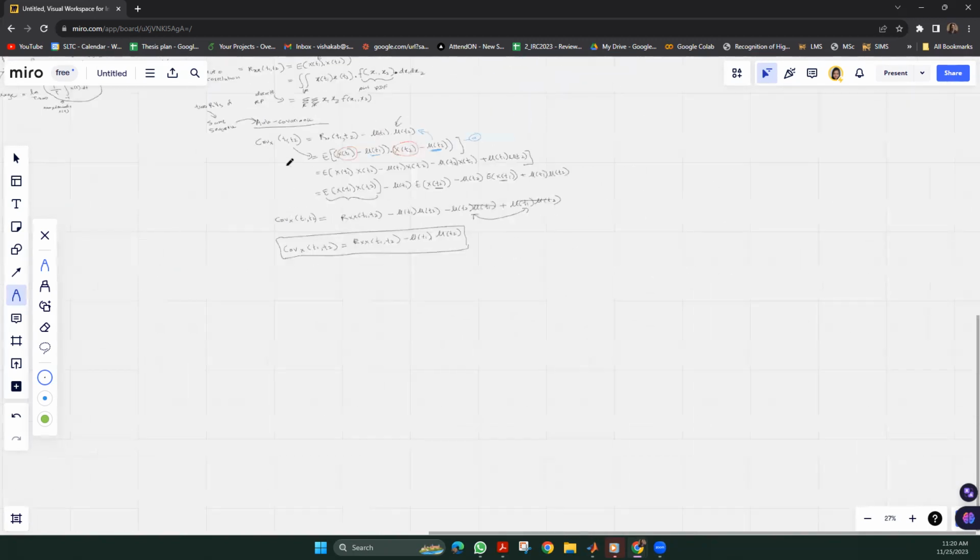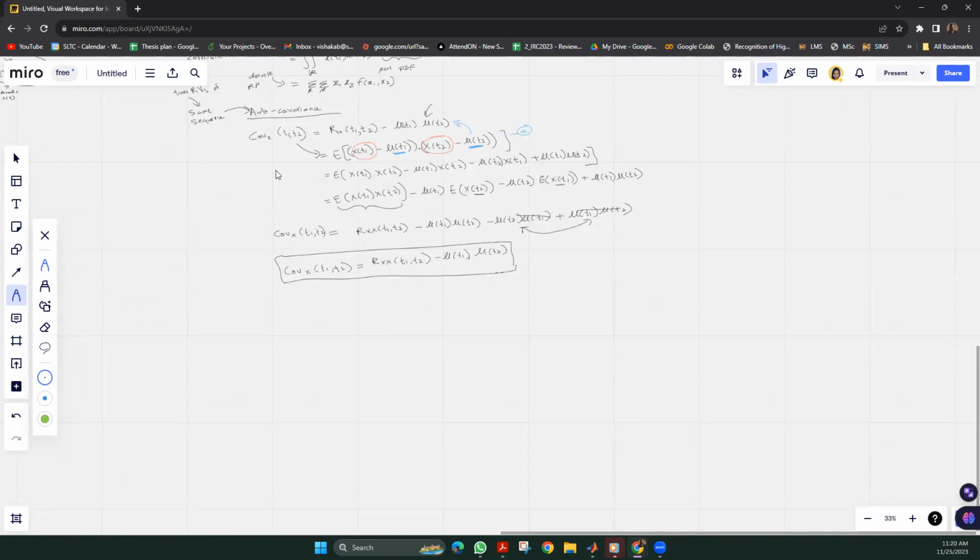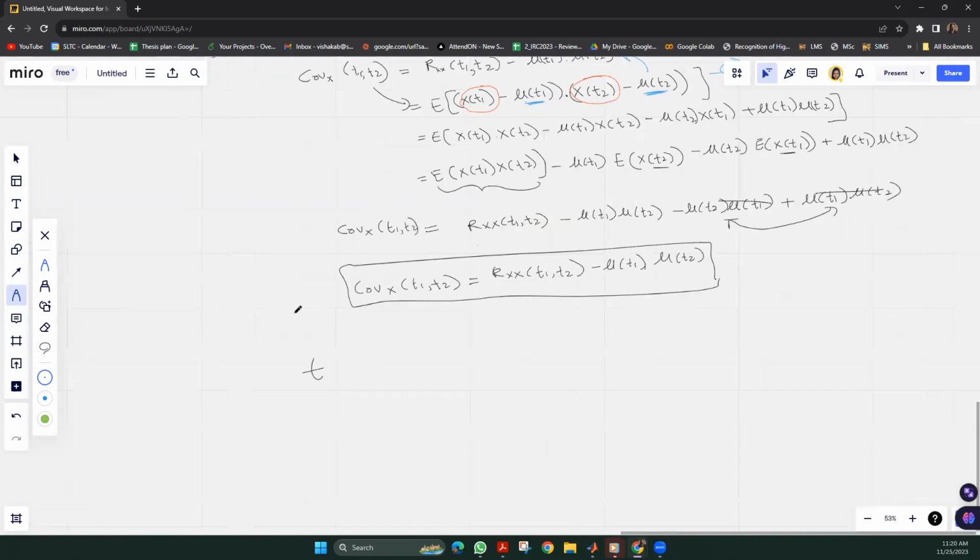So this is the covariance that we found, and we found about the correlation. If we take specific instances where the time value is equal, if T1 equals T2, which means we consider the situation where the time is the same, that means the variable xt1 and we are considering a case where we are comparing the same variable.